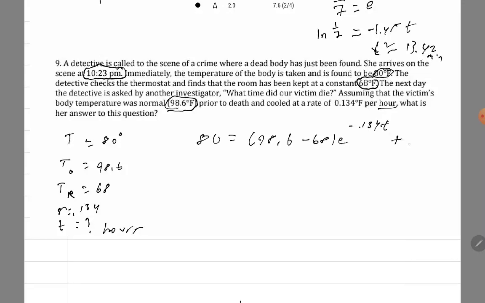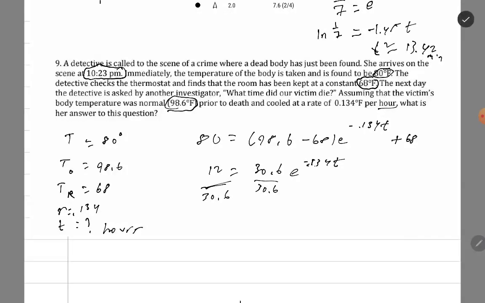Oh yeah, plus the original room temperature again, which is 68. So subtract 68 from both sides, we'll get 12 equals 30.6 e to the negative 0.134 t. Divide by 30.6 on both sides.